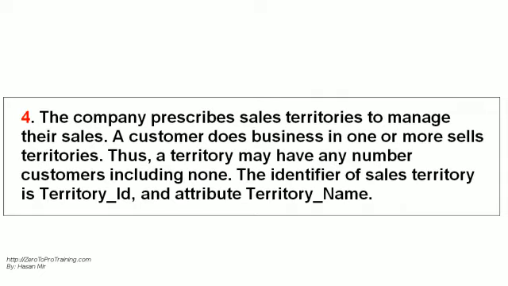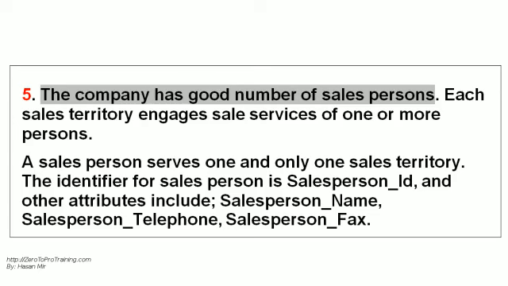Next, 4. The company prescribes sales territories to manage their sales. A customer does business in one or more sales territories, thus a territory may have any number of customers, including none. The identifier of a sales territory is territory_id, and its attribute is territory_name. 5. The company has a good number of salespersons. Each sales territory engages the sales services of one or more persons.